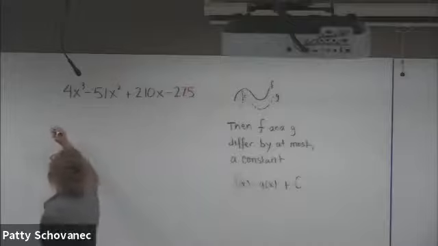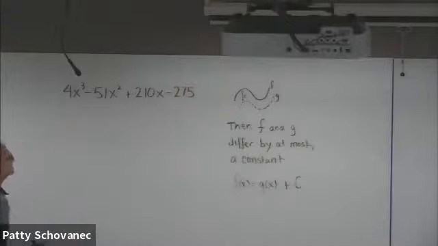Factor it. That was on the web work, number 2, and this says factor me. I think the original equation was f of x equal to x minus 2 times x minus 5.